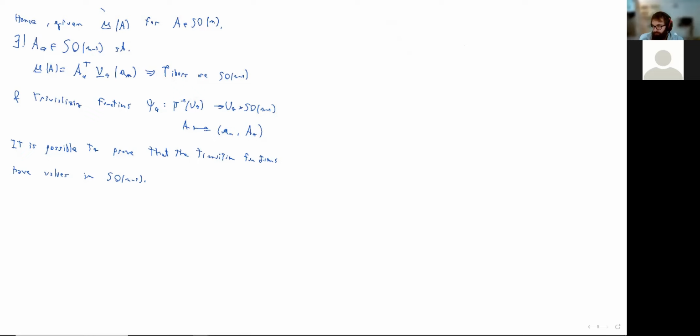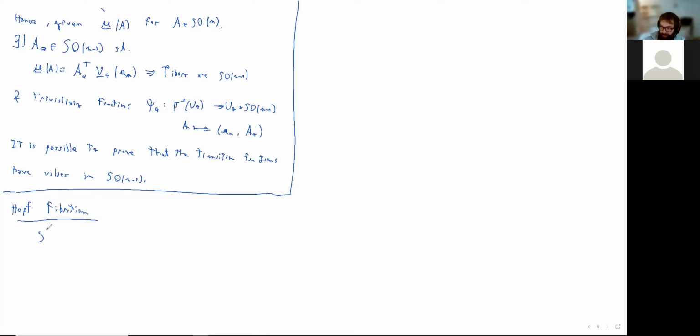Okay, so this is an example. Let's give another example, or maybe it's just two more examples, so I will finish a bit late. Another interesting example is the Hopf fibration. It's a map from S^{2n+1} into CP^n.